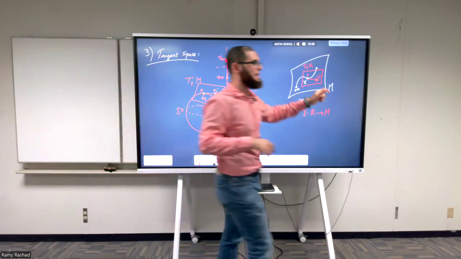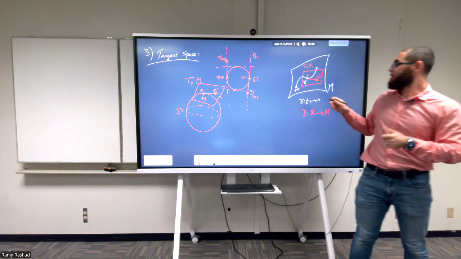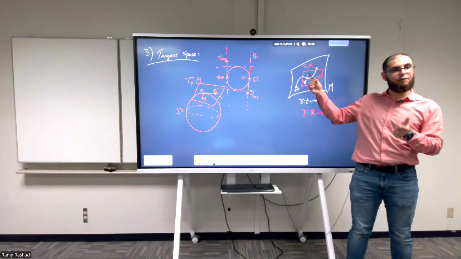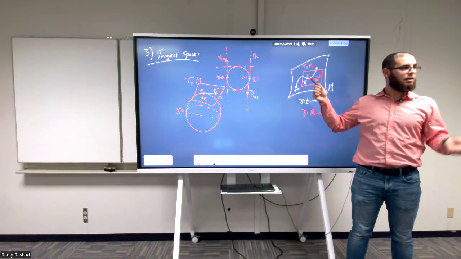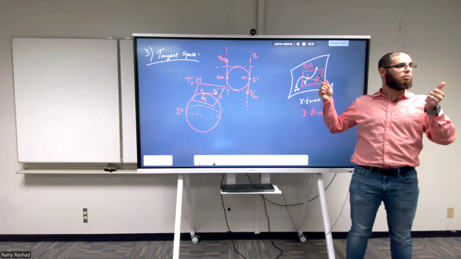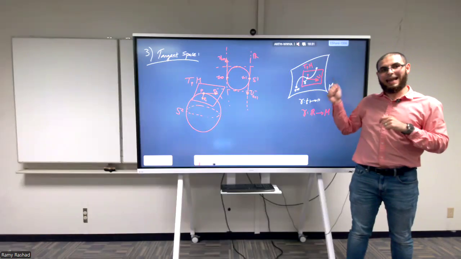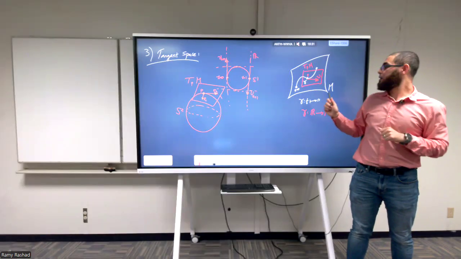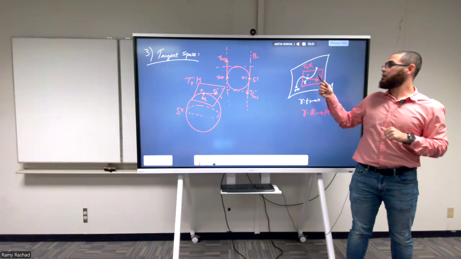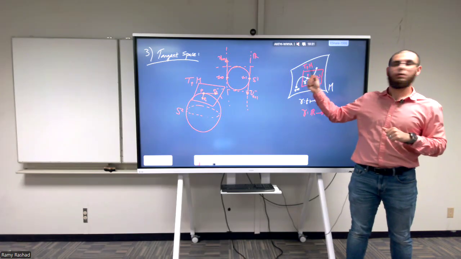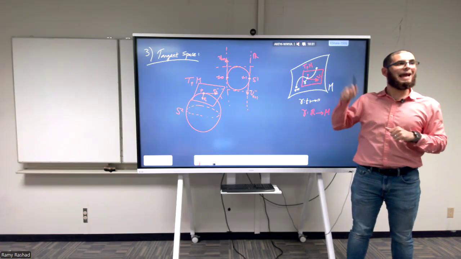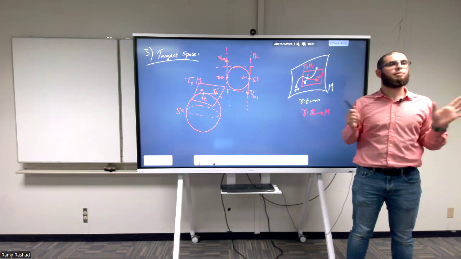So here, if M is an n-dimensional manifold, then the tangent space at every point is n-dimensional. Again, if I have an n-dimensional manifold, then the tangent space at any point P to this manifold is an n-dimensional vector space.